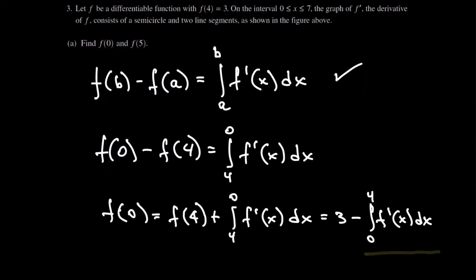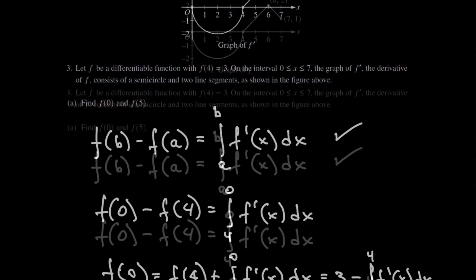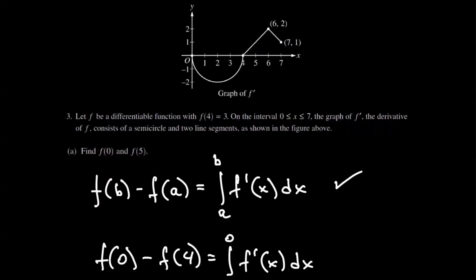Let's go back to the graph of the derivative, and this is equal to the area of this semicircle. And this semicircle has radius r equals 2. But note that this integral from 0 to 4 is actually negative, because the curve of the derivative lies below the x-axis.